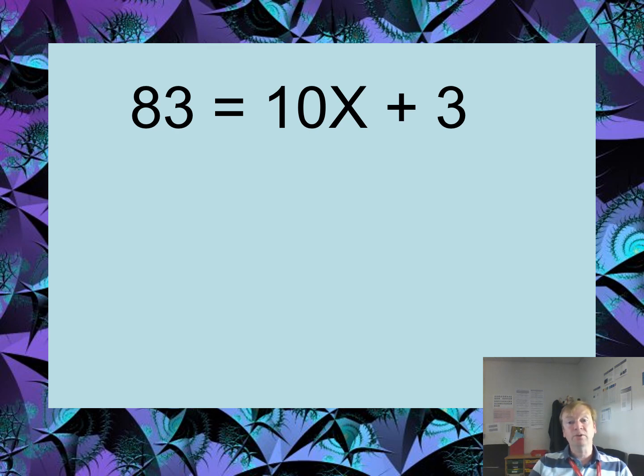Opposite things, opposite order. I'm going to take away 3. And that leaves me with, on this side, a nice round 80. I've taken away the 3, so all I've got left over here is the 10x.